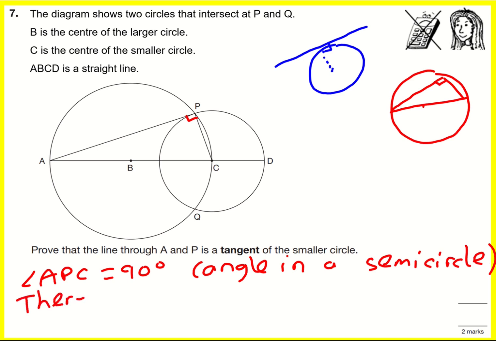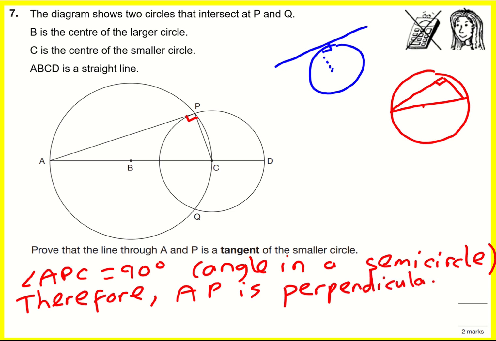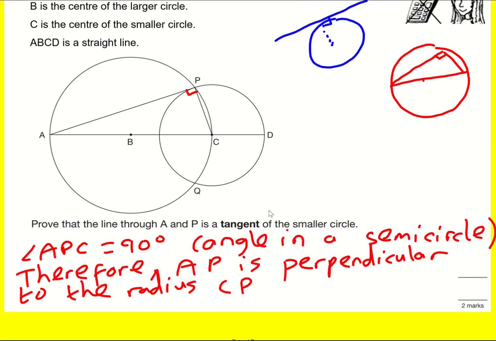Therefore, AP is perpendicular to the radius. We need to cite that, the radius CP. Hence, AP is a tangent.